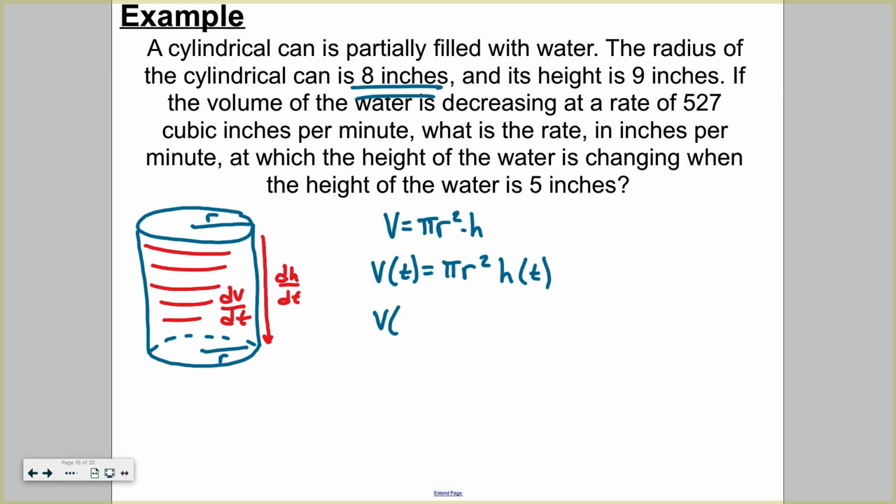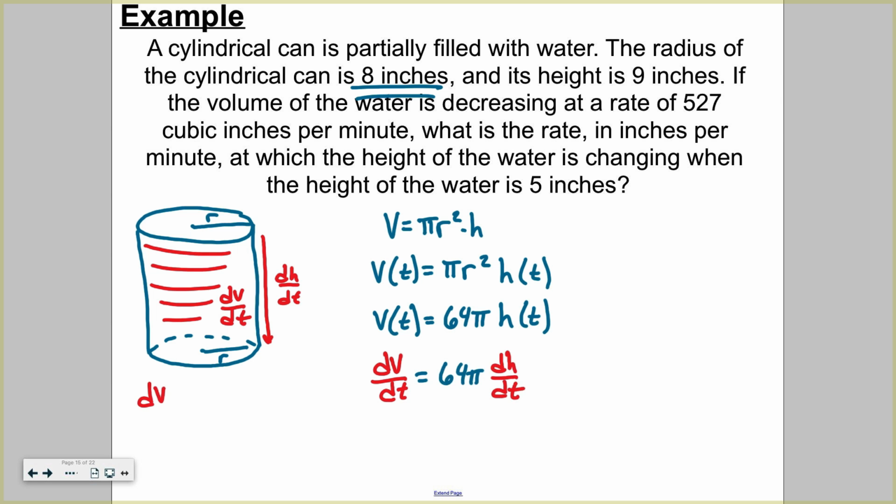So we're going to get V of t equals, well, 8 squared is going to be 64 pi times h of t. And now we'll take the derivative of both sides, so dV over dt is equal to, and we said when we take the derivative of something with a coefficient, we leave the coefficient alone, and this is going to be dh over dt.